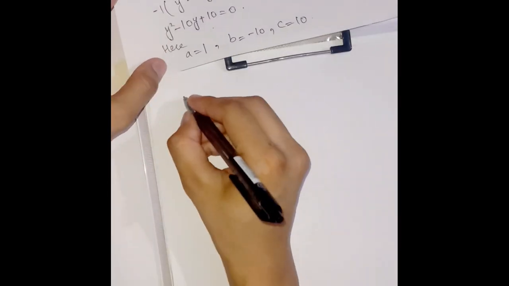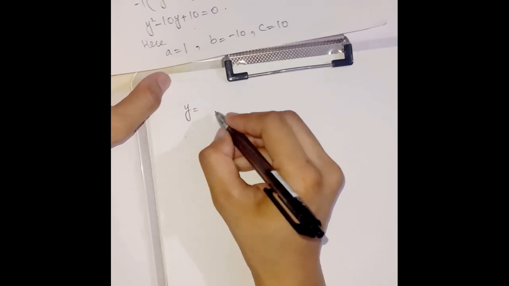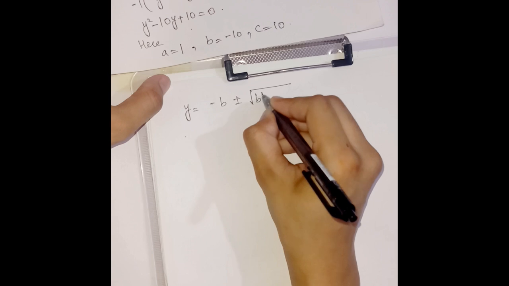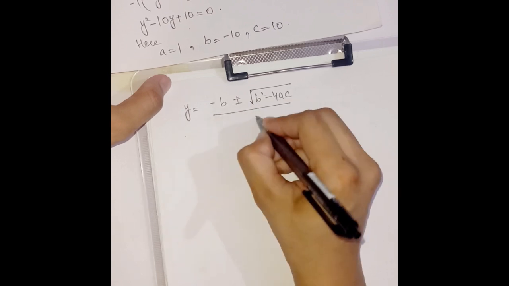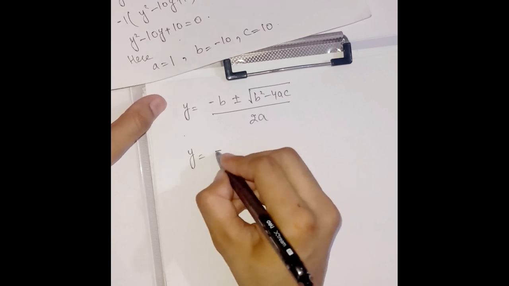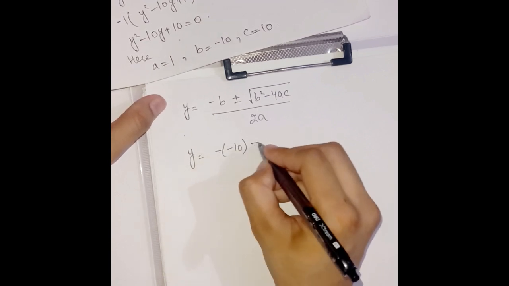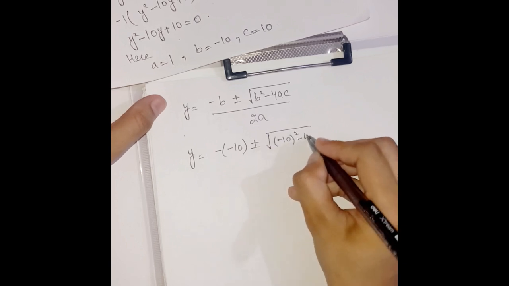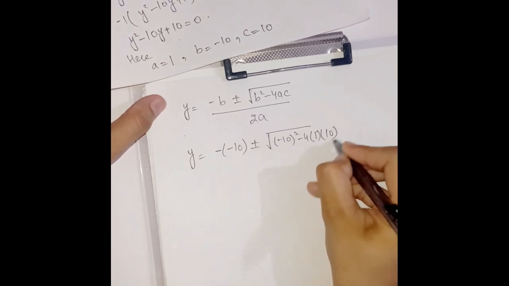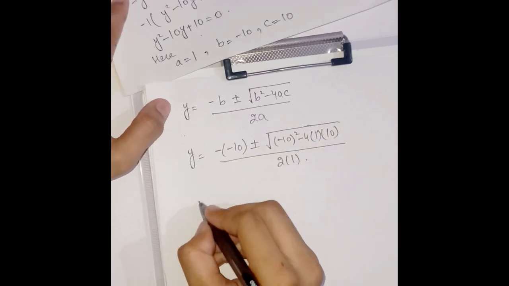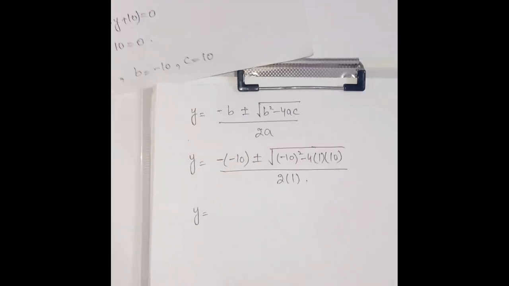So I'm going to write here y is equal to minus b plus minus square root of b square minus 4ac divided by 2a. So y is equal to minus, b is here minus 10, so plus minus square root of b square minus 4ac divided by 2a.